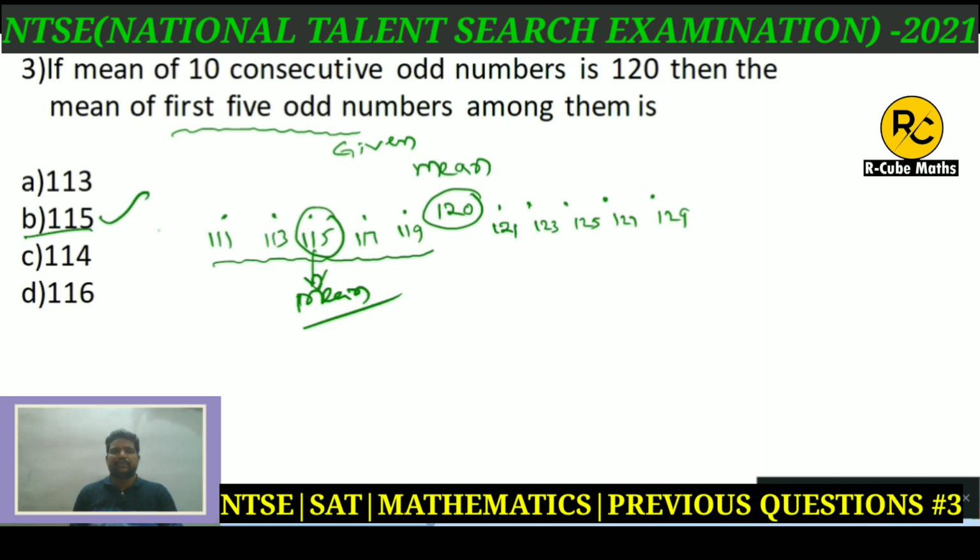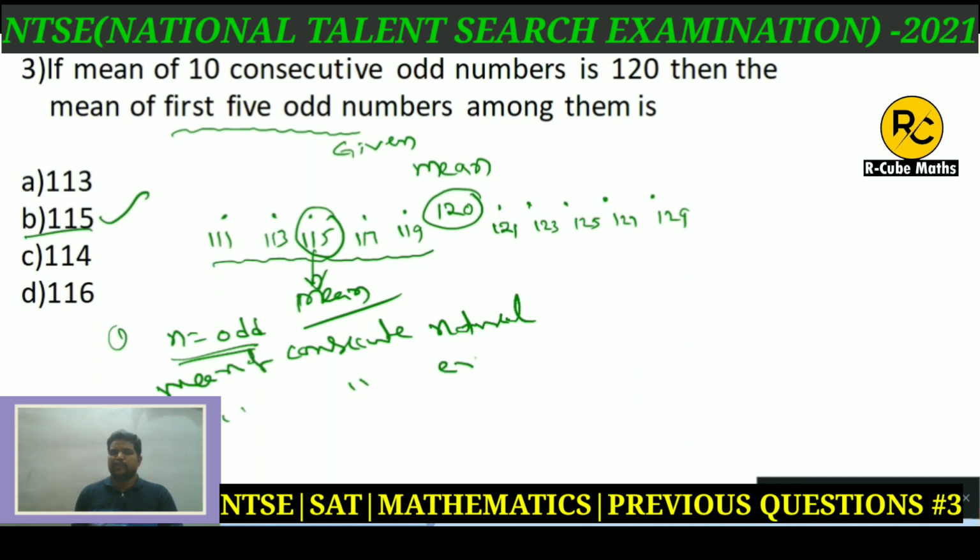Remember one thing here. Suppose the number of observations is odd. The mean of consecutive natural numbers, or the mean of consecutive even numbers, or the mean of consecutive odd numbers is the middlemost observation.